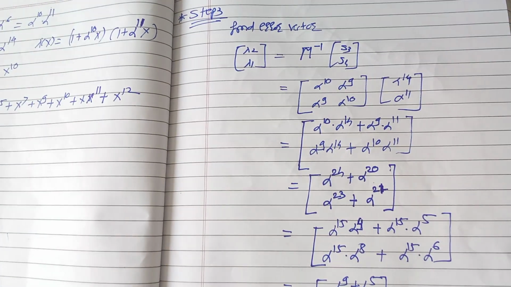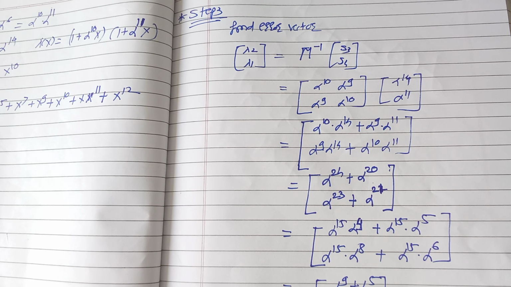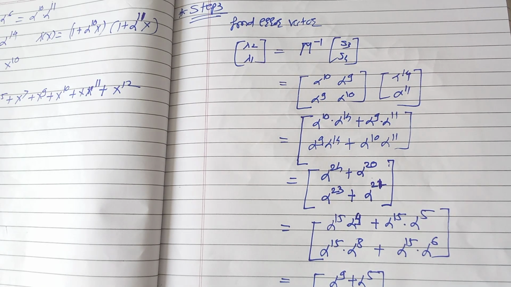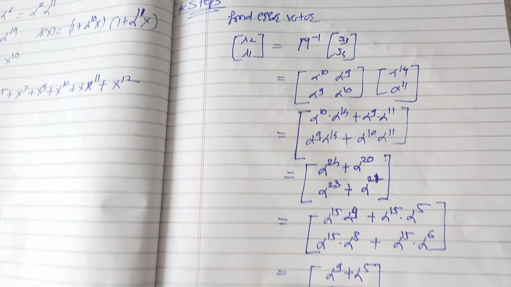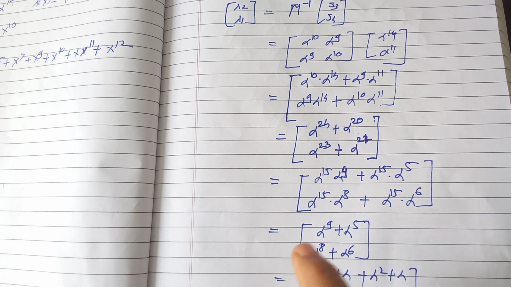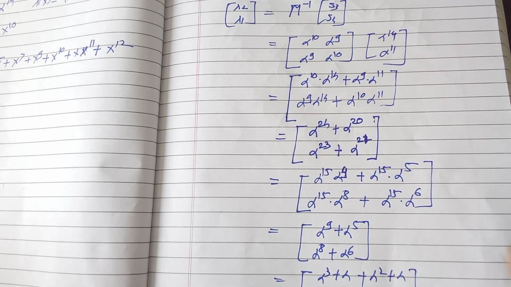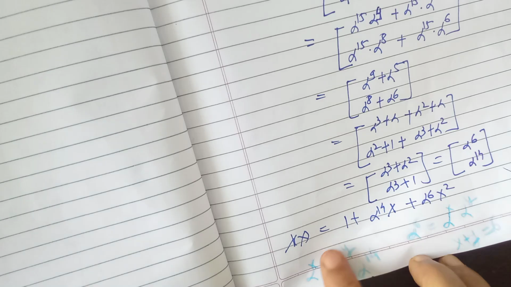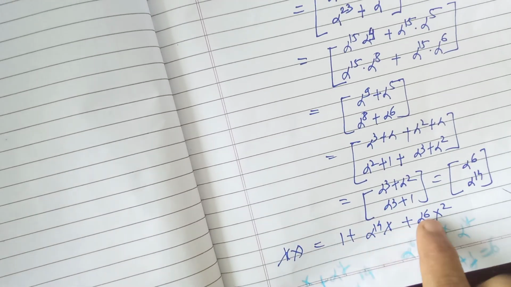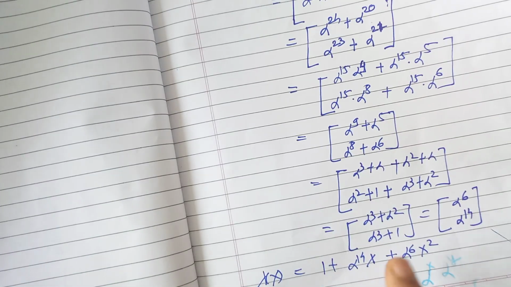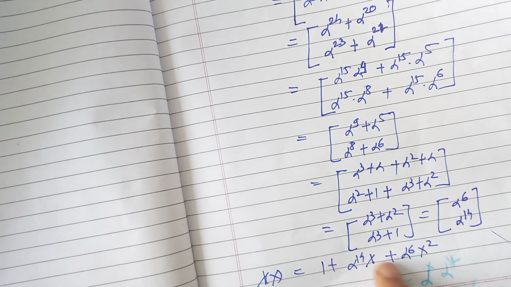So this is a somewhat lengthy problem. You will see how these problems appear in your university exam. So this is it for this video. Finding the roots of this polynomial is somewhat difficult, but if you practice 2 or 3 examples, you will understand how to find the roots.